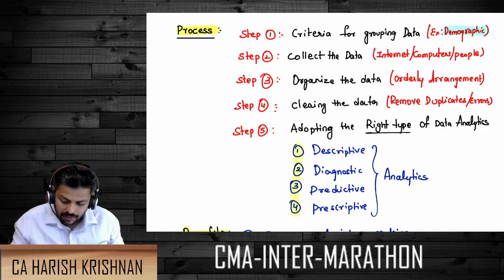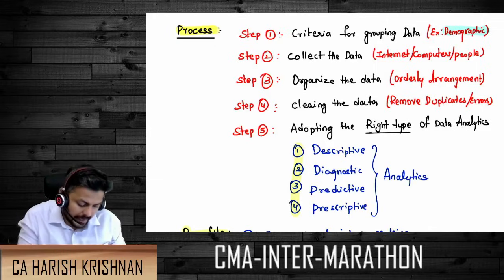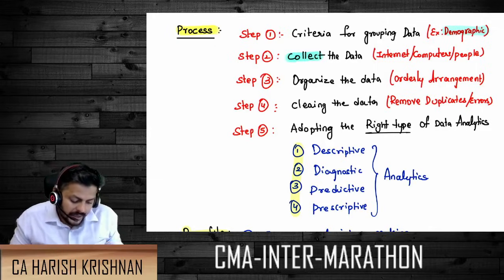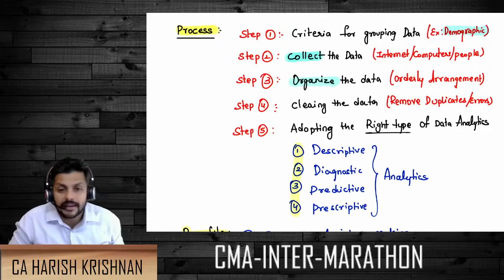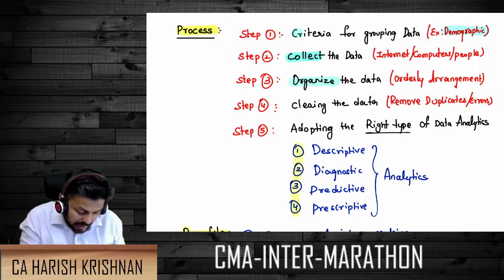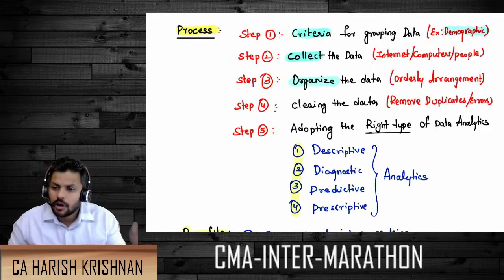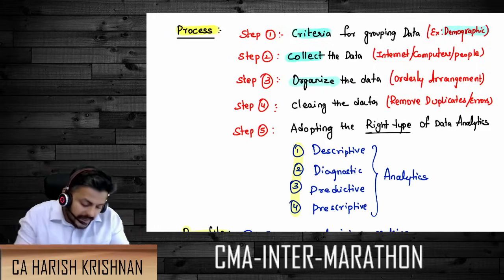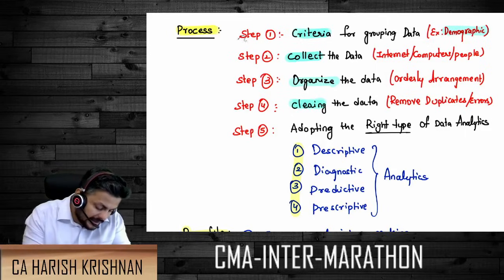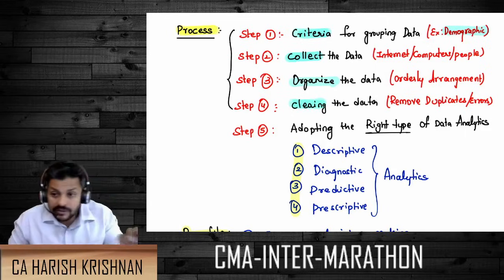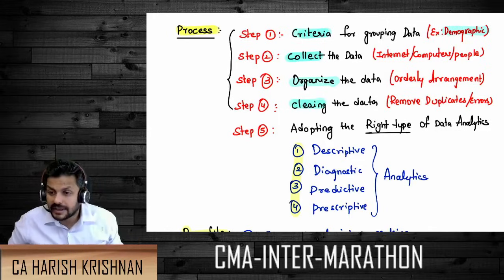Then we collect the data from the internet or from previous data, computers, people, all of that. Then we organize the data. So first criteria, then collect the data from various sources, organize the data, clean the data. Till here I don't think anything will be difficult, because that is what we discussed in the other chapters.